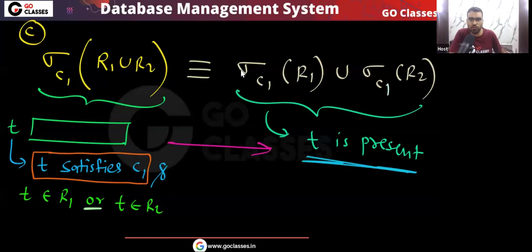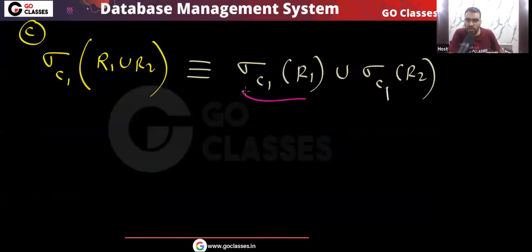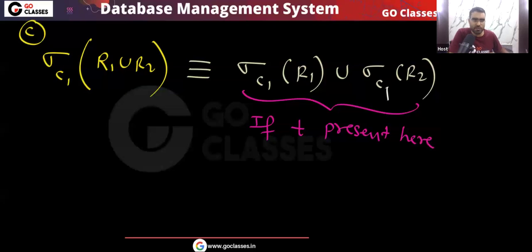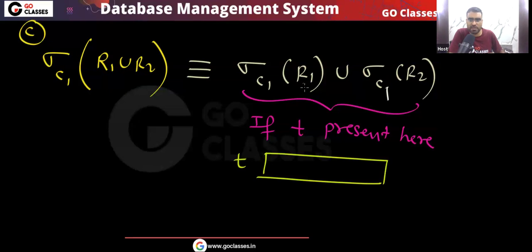Now what we need to prove? Now we need to prove if T belongs here, will it belong here? If tuple T is present here, what does it mean? It means either this tuple is coming from here or this tuple is coming from here.